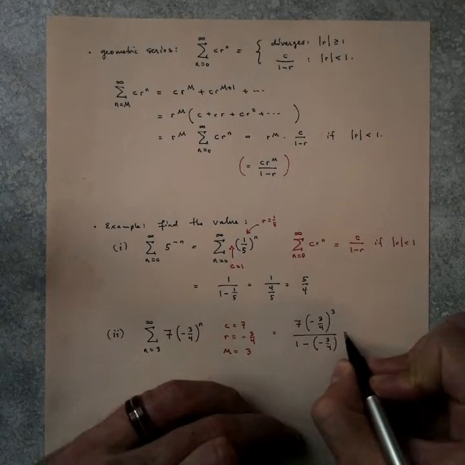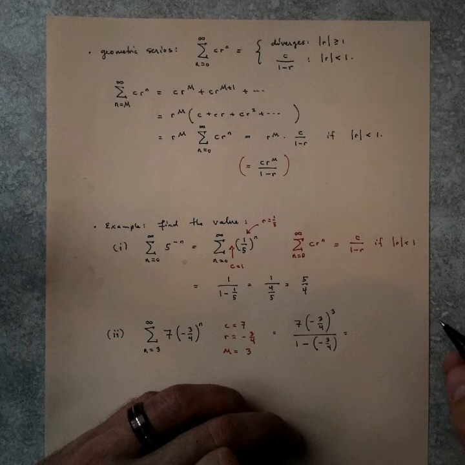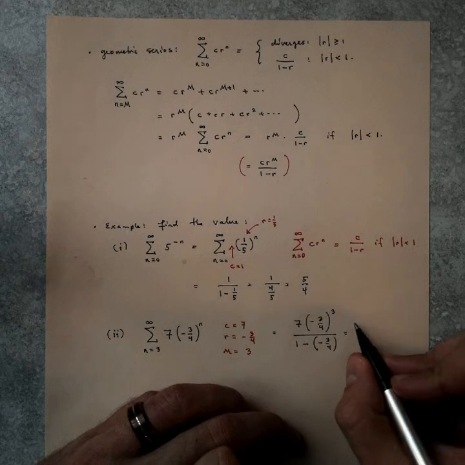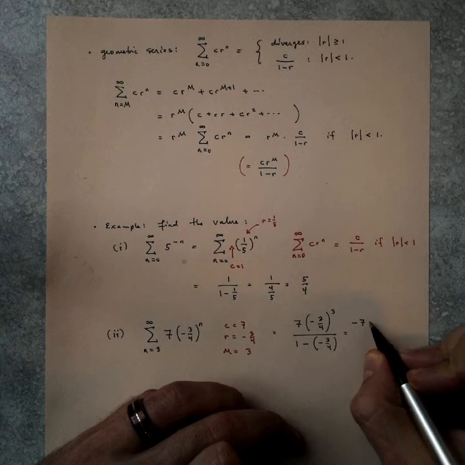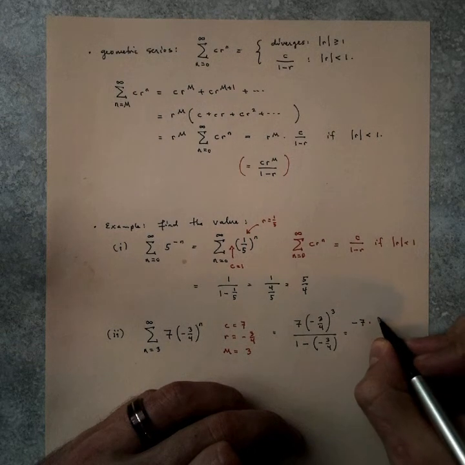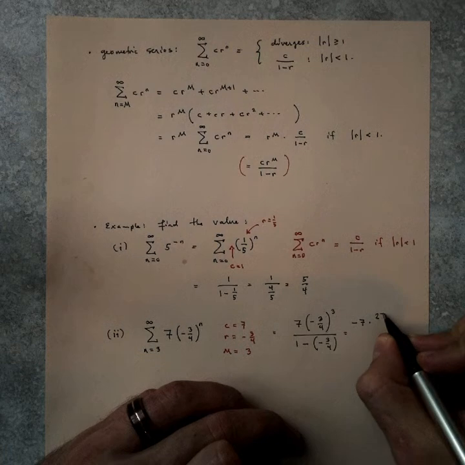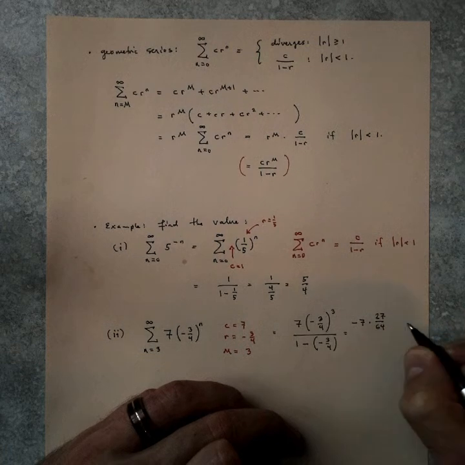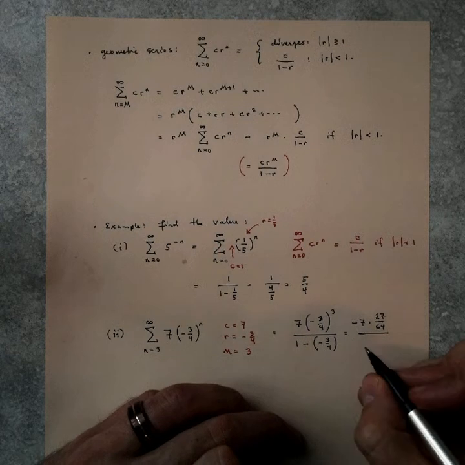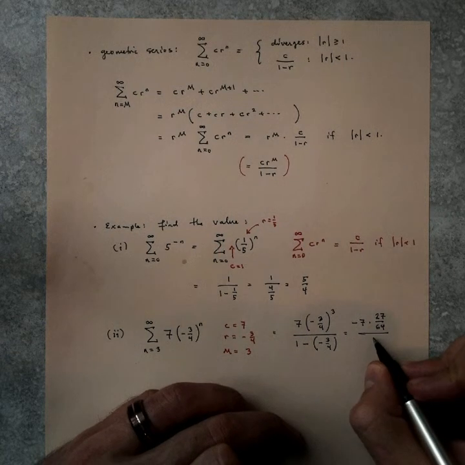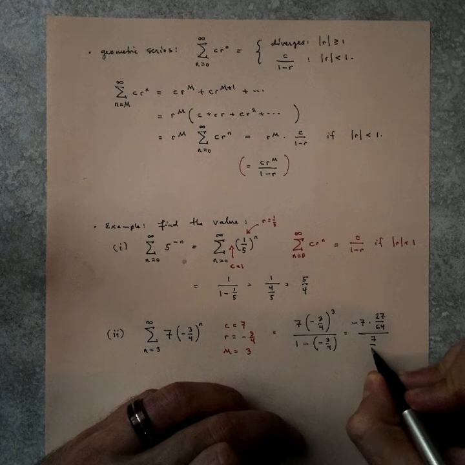So you simplify this a little bit. On the top I've got 7 times negative 27/64, divided by, on the bottom I've got 1 plus 3/4, which is going to be 7/4.